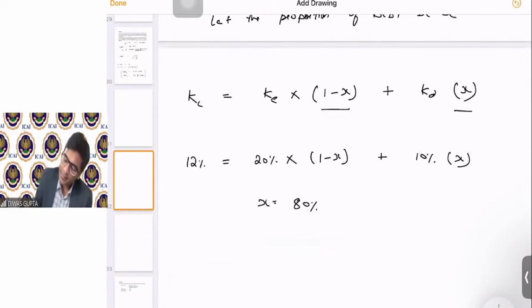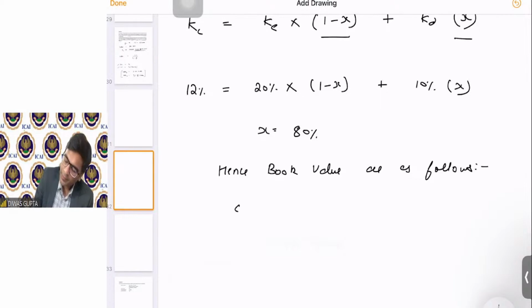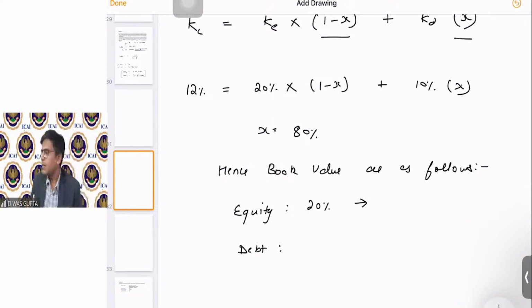So hence, book values are as follows. Equity is 20%, so let's say 0.20.